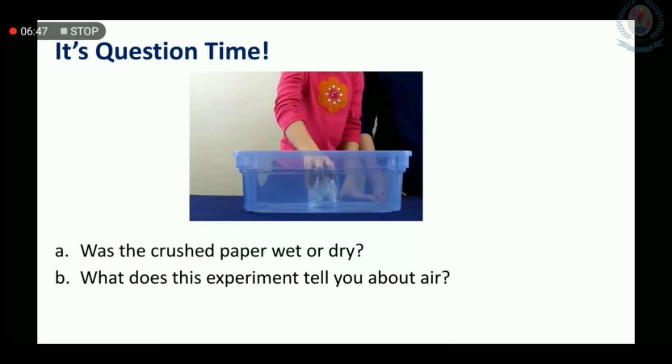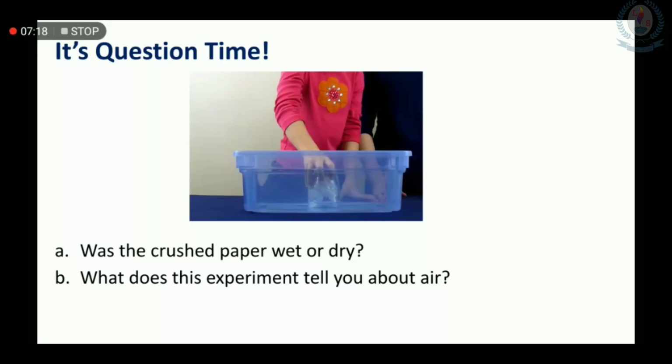Make sure that the piece of paper will not fall out of the cup when the cup is turned over. Add water into a tank until it is about 3/4 full. Okay, it should be about 3/4 full. I mean the water basin. And after that, turn the cup over and lower it slowly into the tank of water. Make sure the cup is not tilted.